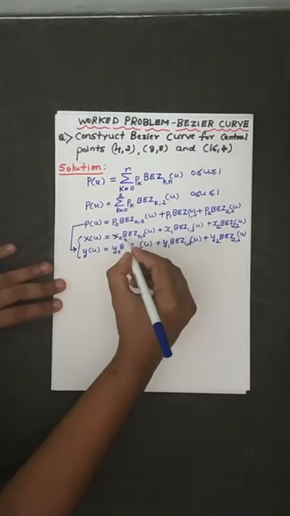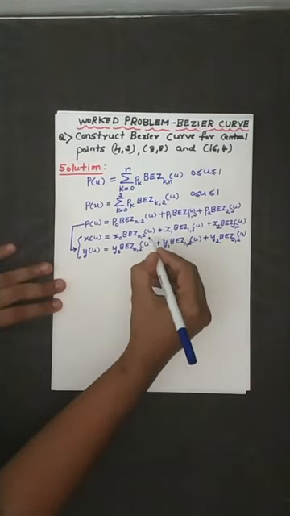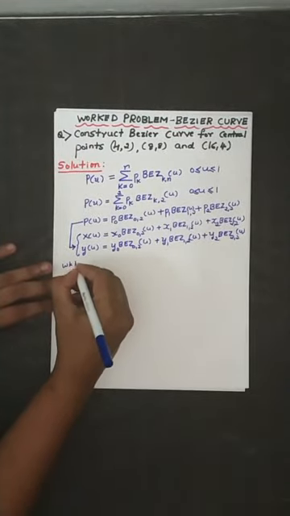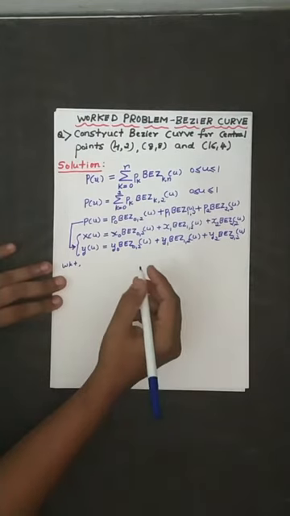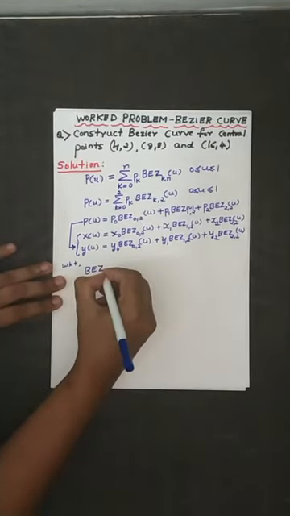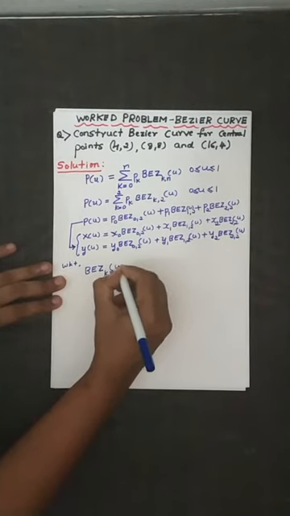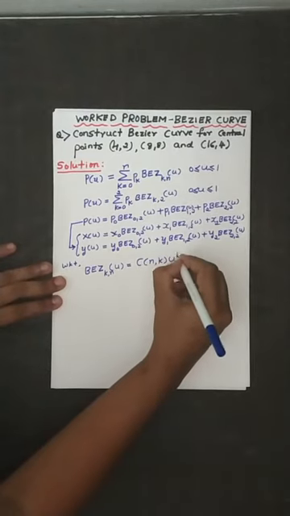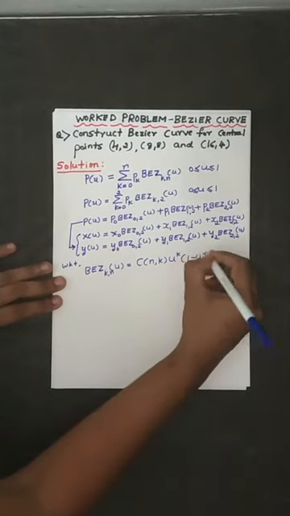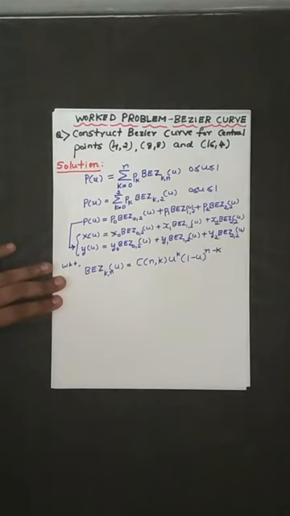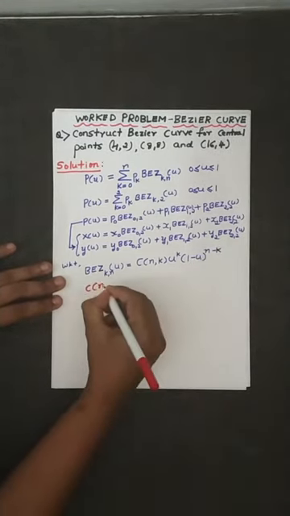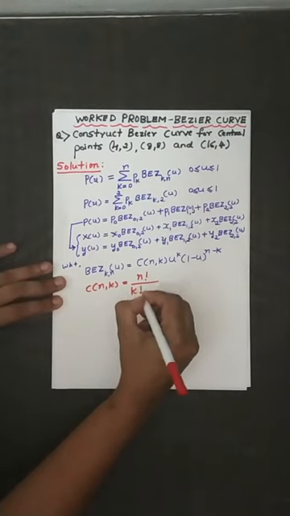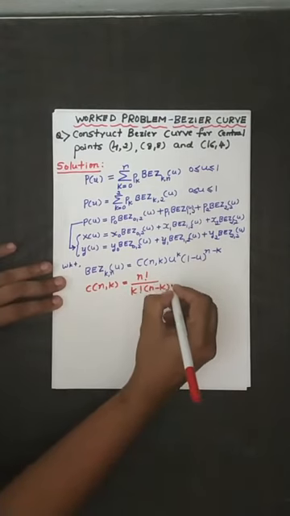Now we'll find out what this Bezier function is. So the formula, which you studied in the Bezier curve equation, is: Bezier function is given as C of n, k, u to the power k, 1 minus u to the power n minus k, where C of n, k is n factorial divided by k factorial times n minus k factorial.